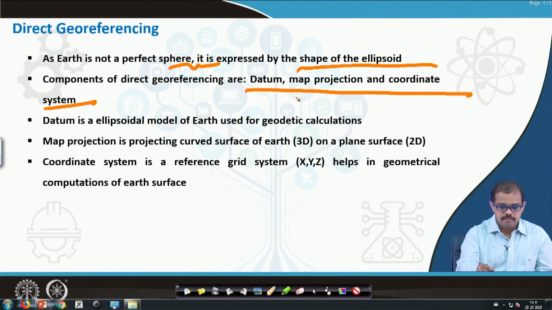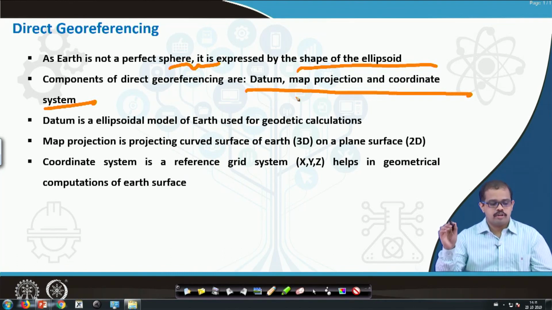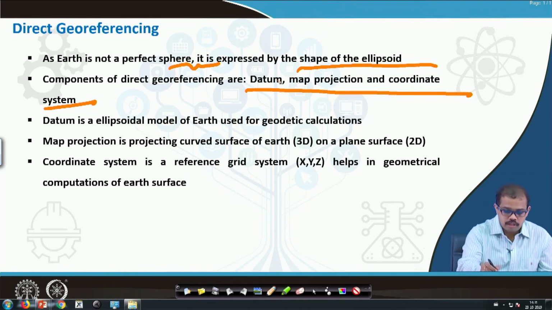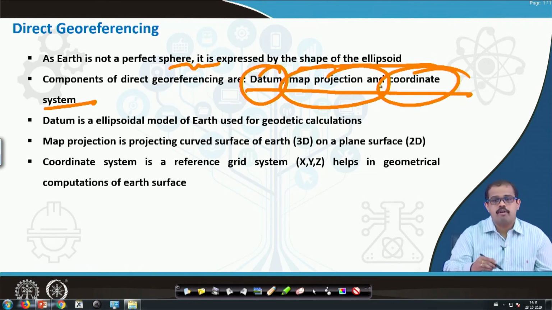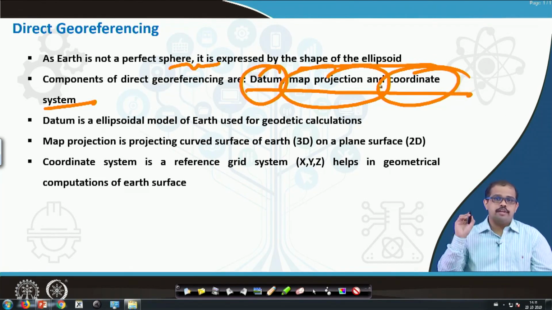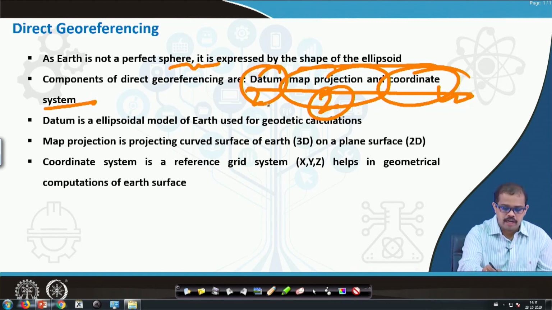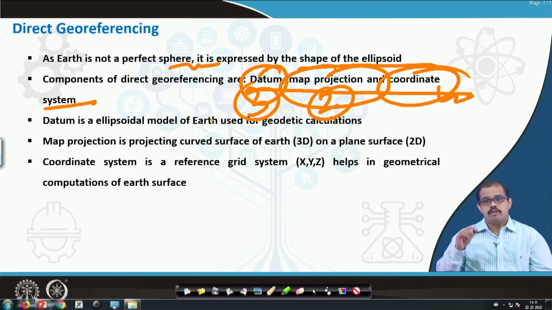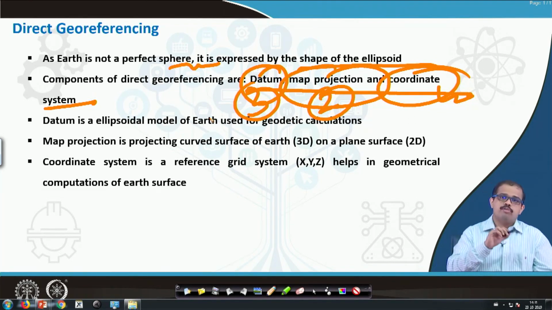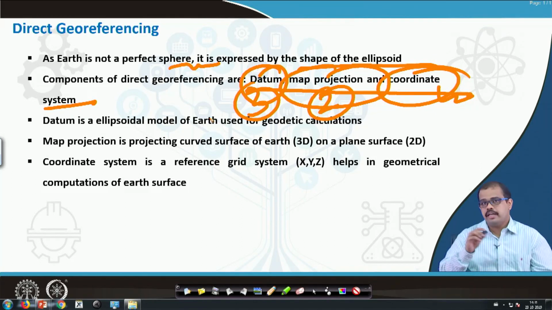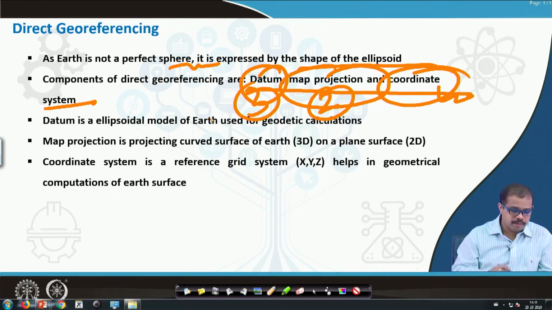You have datum, you have map projections, and you have coordinate systems. Looking at all of these three things is extremely important when you are looking at any map. What coordinate system is this particular map in, what is the projection of the map, and what is the datum of the map. If you understand these three things, then you will be able to successfully read a map and look at the map details in a much better way.